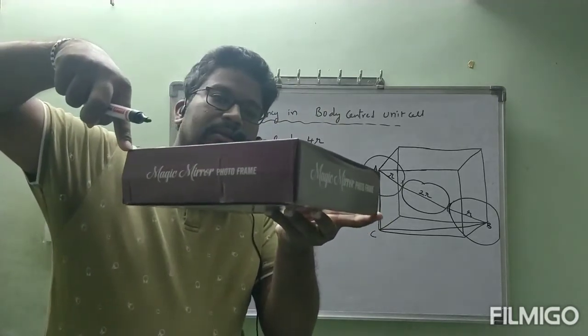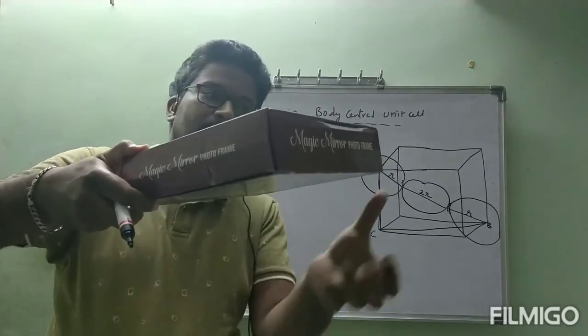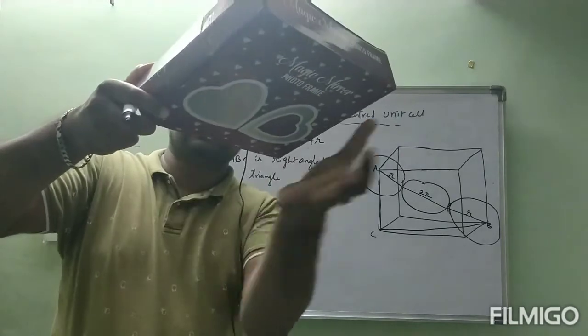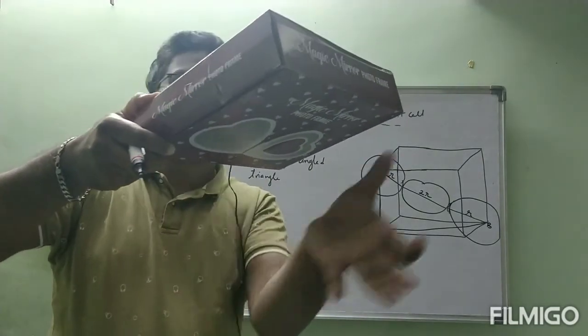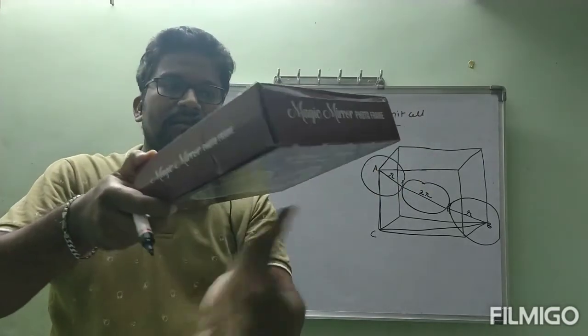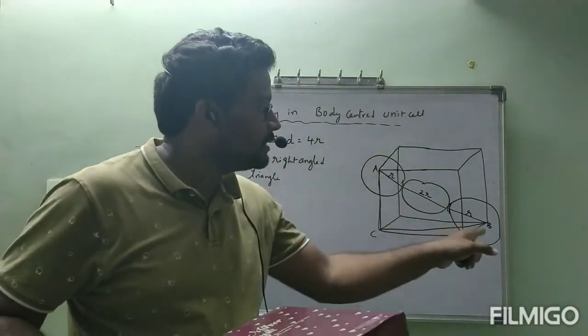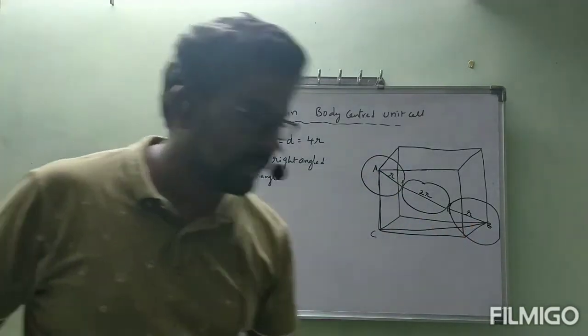Now B and C are joined through the face diagonal. A to B, that is body diagonal. B to C, that is face diagonal.